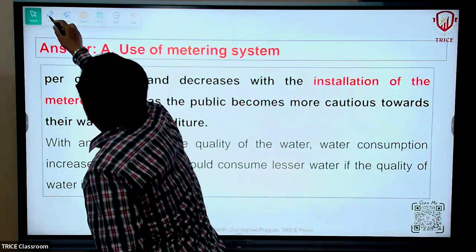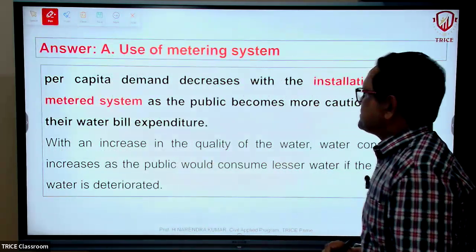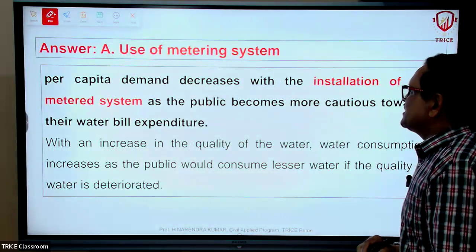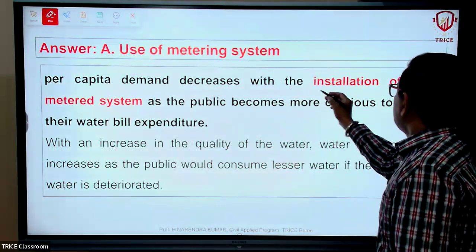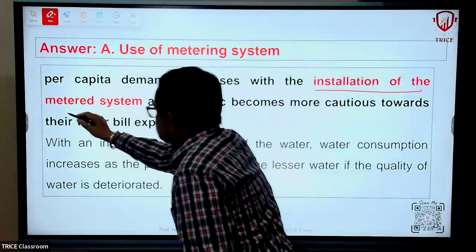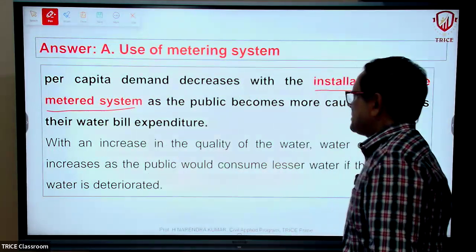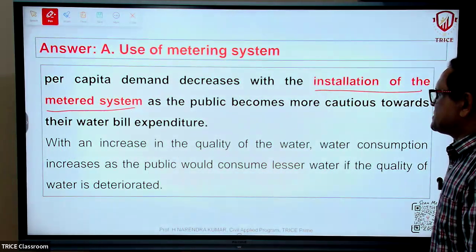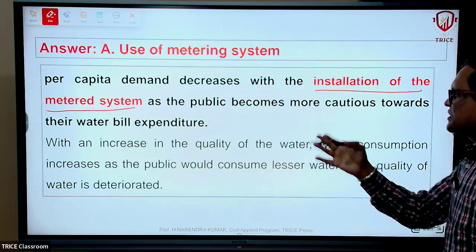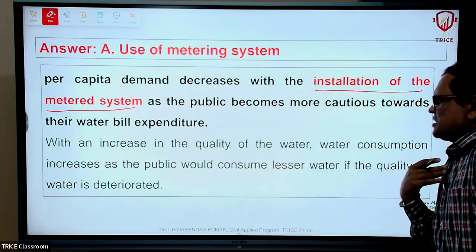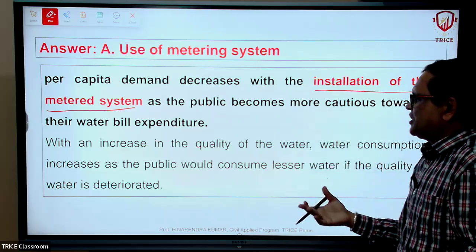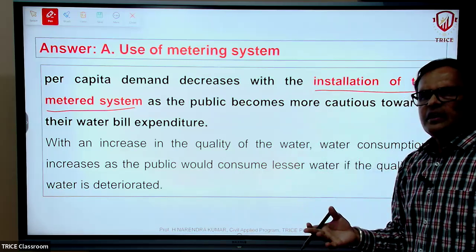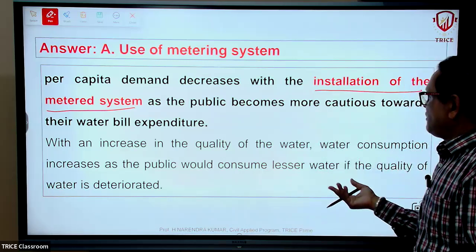So as I said earlier, use of metering system decreases the per capita demand. So, installation of the metered system. I think in every house in our Bangalore city, we have this meter system, so that based on the consumption, for example, in my house, I am consuming anywhere between 20,000 to 25,000 liters per month. So based on that, I will be charged.